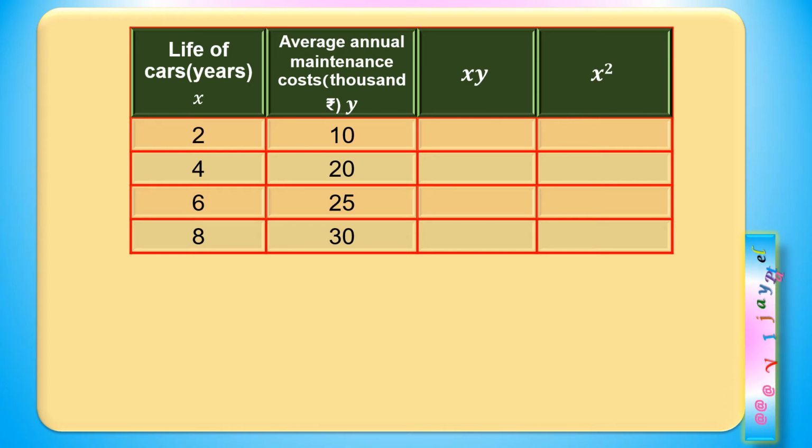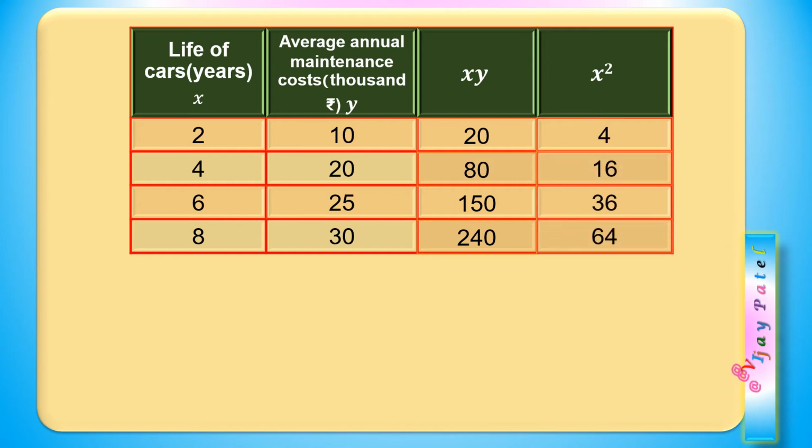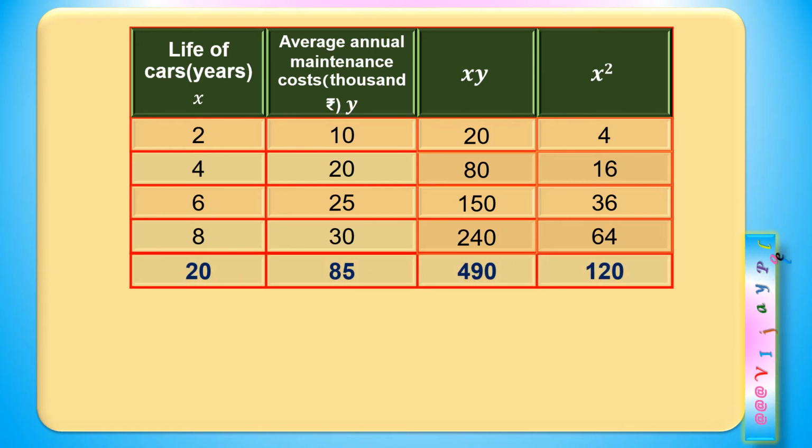Here we have to form two other columns, xy and x square. xy means multiplication of the first two columns, we get 20, 80, 150 and 240. Value of x square means square of the first column: 4, 16, 36 and 64. Total of all columns: 20, 85, 490 and 120.